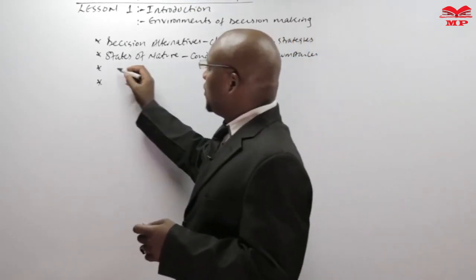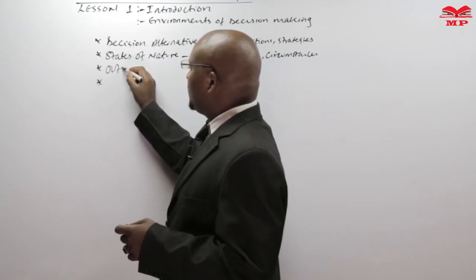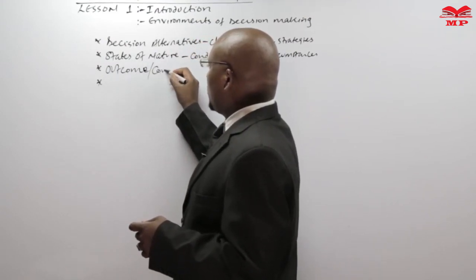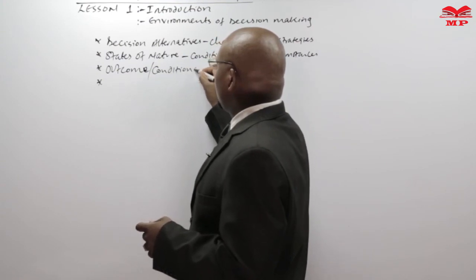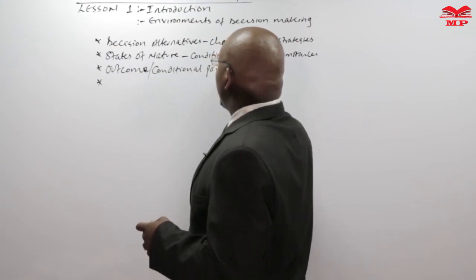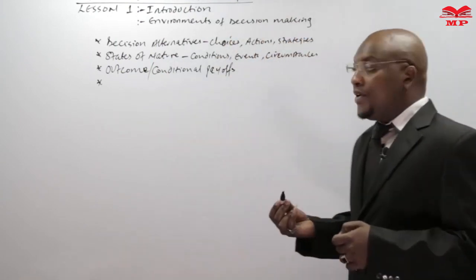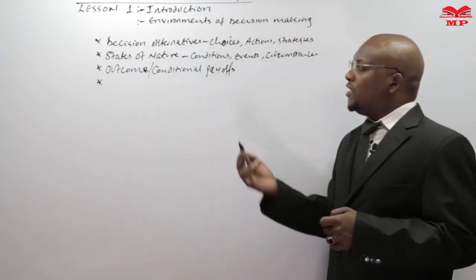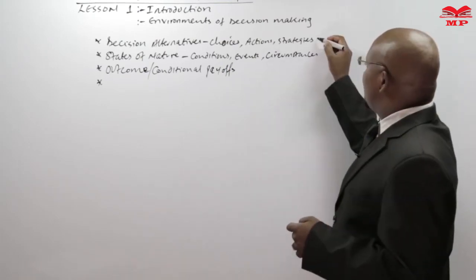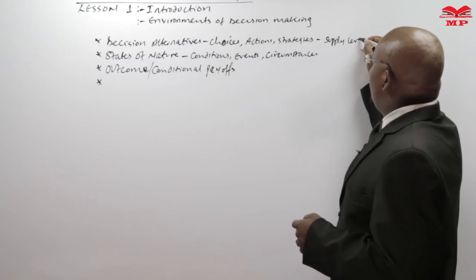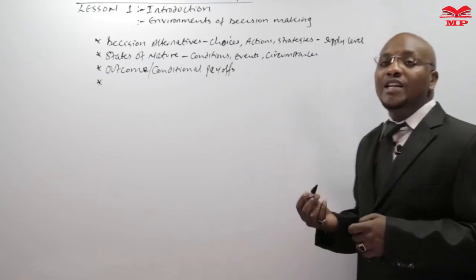Then we have what we call the outcome or conditional payoffs. Assuming that we give an example of the alternative decisions as, say, the supply. The level of supply is within our discretion.